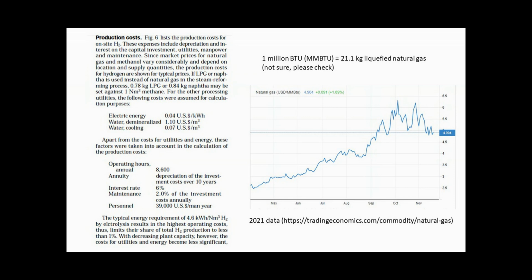If, for example, the cost of power generation through solar photovoltaics comes down, and if the cost of generating hydrogen from steam reforming using natural gas goes up, let's say if natural gas price goes up, then of course, you can bridge the gap.